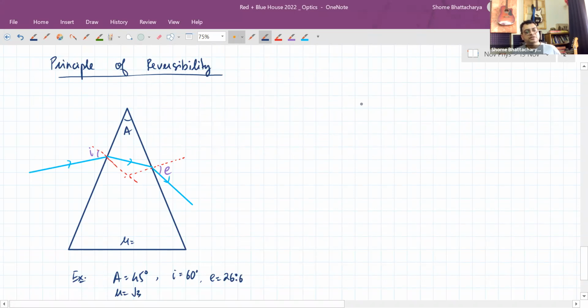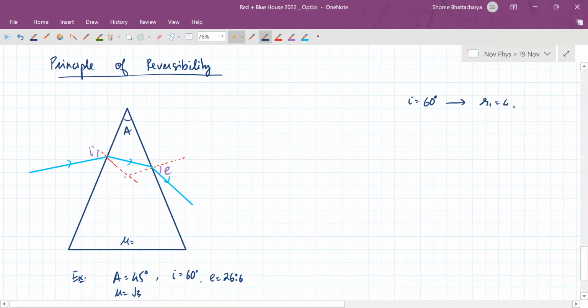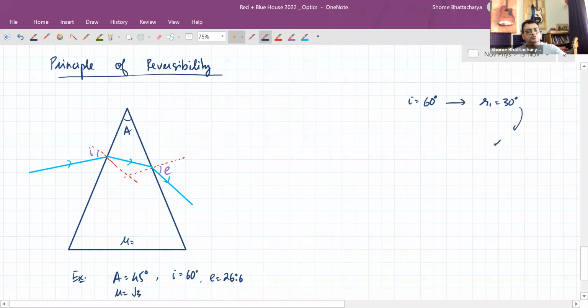So the sequence of events that happened is that I = 60 degrees gave us R1 = 30 degrees. That gave us R2 = 15 degrees. And that gave us that emergence was 26.6 degrees. Now we apply reversibility.